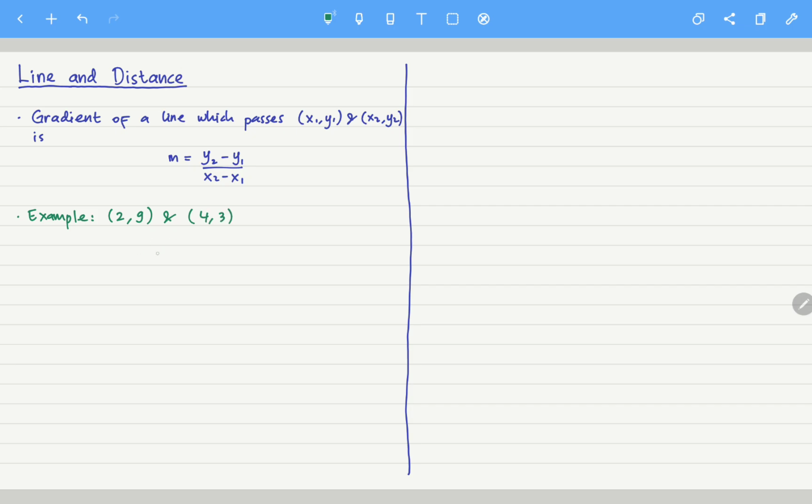So the gradient is, so this is y2, this is y1. So 3 minus 9 divided by 4 minus 2. So we get minus 6 over 2 equals minus 3.